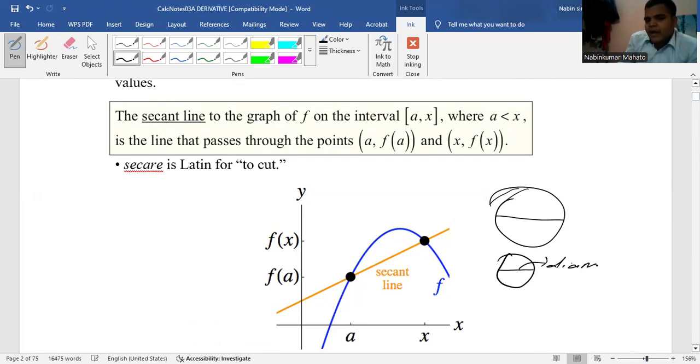And when another line passes not through the center, that we call the secant line also.